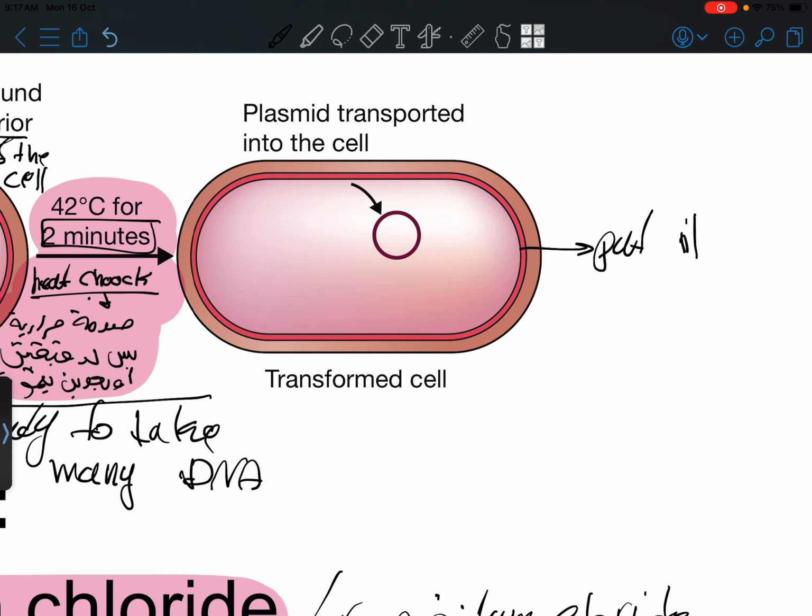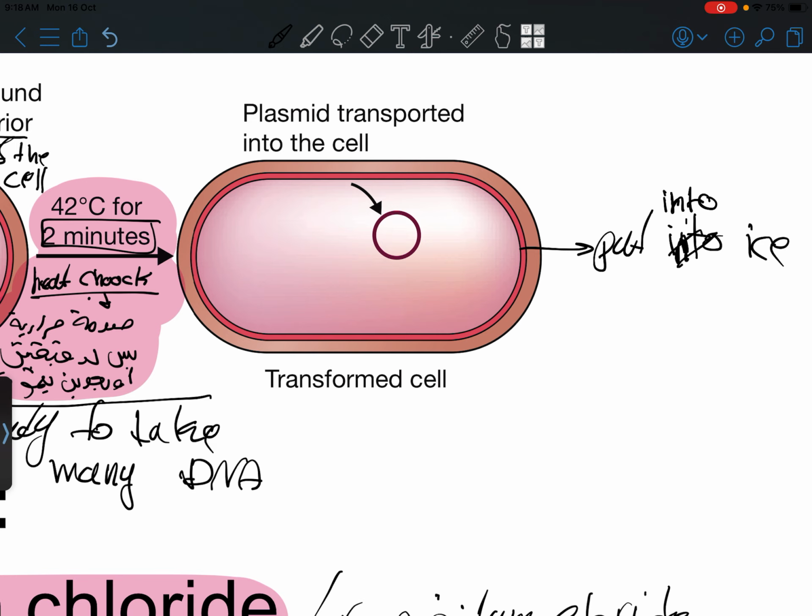So this heat shock opens an opportunity for the plasmid to go inside the bacteria. Then you take this bacteria that has the plasmid and put them on ice, so that the temperature of the bacteria drops significantly and now the bacteria stay alive.